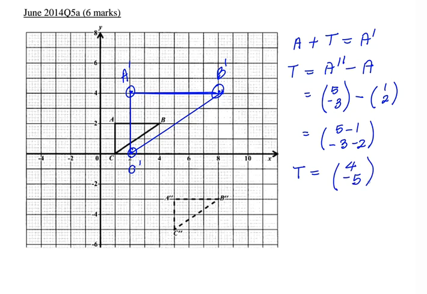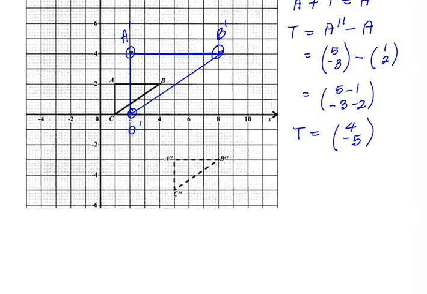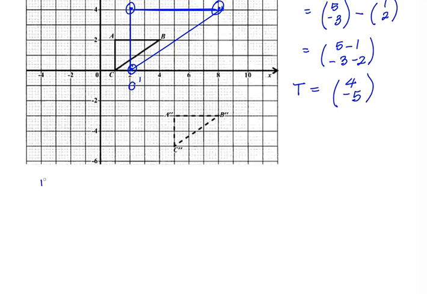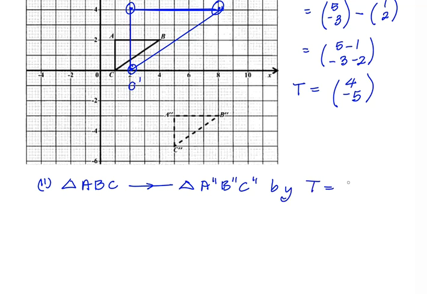So in other words, let's write it down here. Triangle ABC is mapped onto triangle A double prime, B double prime, C double prime by T, which is (4, -5).